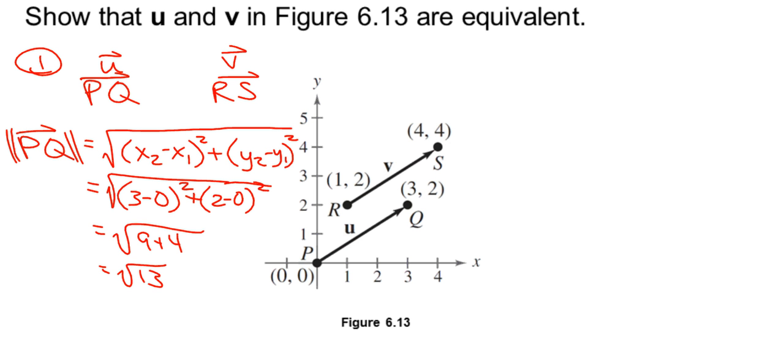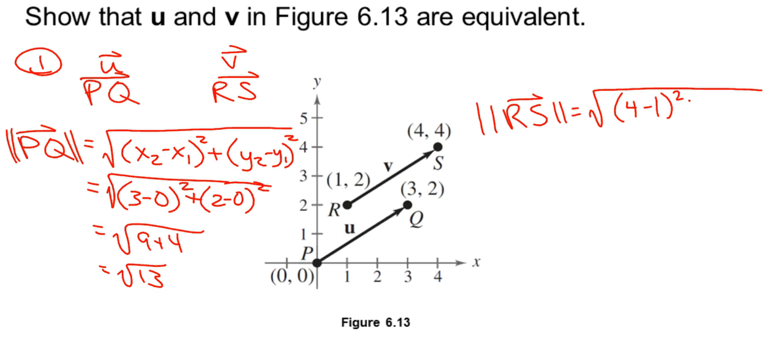So we're expecting RS to be the same. So the magnitude of RS, Caitlin, go ahead and plug in things for me there. And what do I get from that?